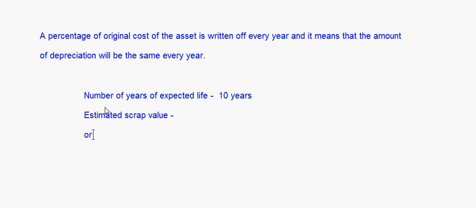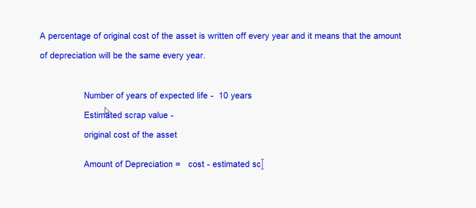That's given, let's say, and the original cost is also given, right? Original cost of the asset is also given to you. Now if all these things are given, we can calculate this depreciation with this formula, which is cost minus estimated scrap value upon number of years of expected life of the asset.